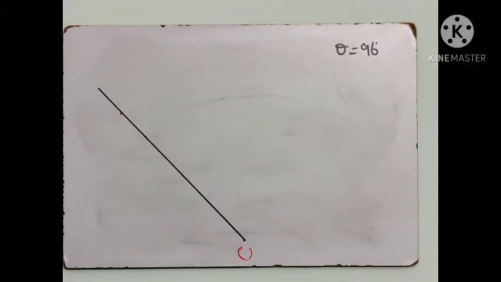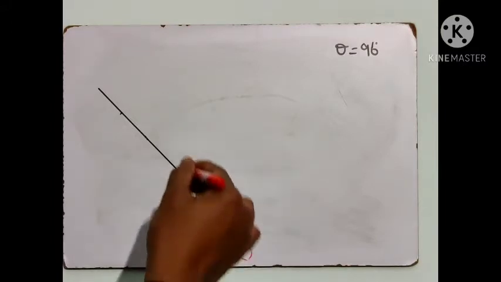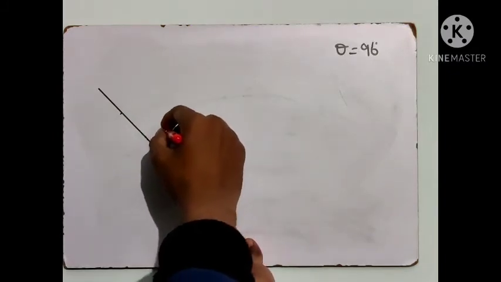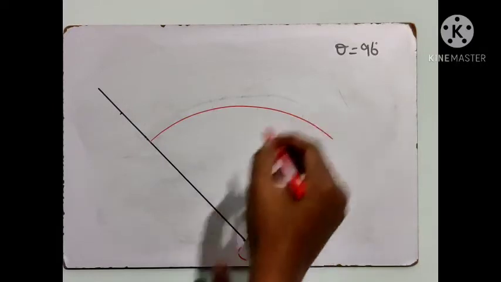So keeping this as the center, you need to make an arc, something like this, and that should be drawn with HB pencil.